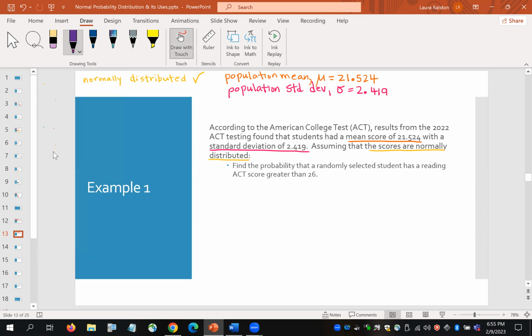The last thing I need, it says find the probability that my reading score is greater than 26. So my X value is 26. Now, Minitab calls this format a specified X value.